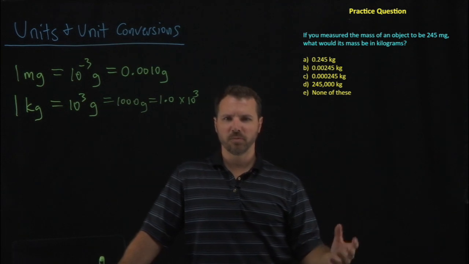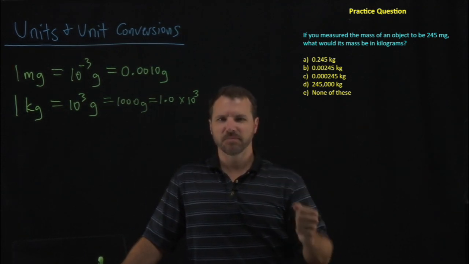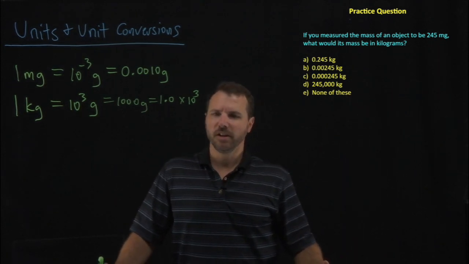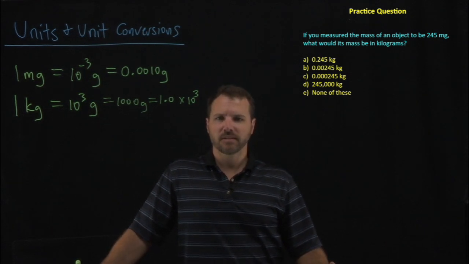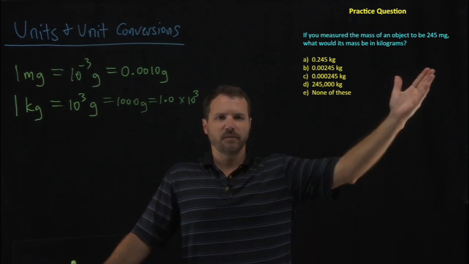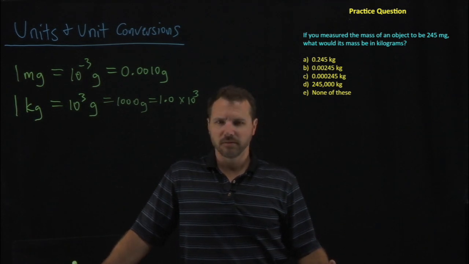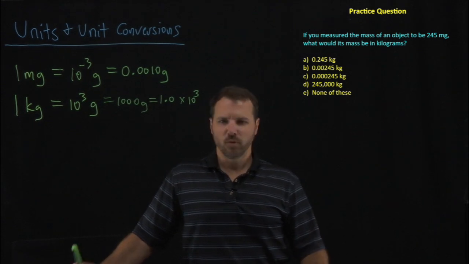So even though you wouldn't normally express such a small mass in kilograms, it's going to be good practice for you to convert between these two units. So use the metric prefix number line and see if you can convert between those two units. So take a few minutes to do that. So pause the video, and then when you're done with that problem, come back and we'll go over the solution.